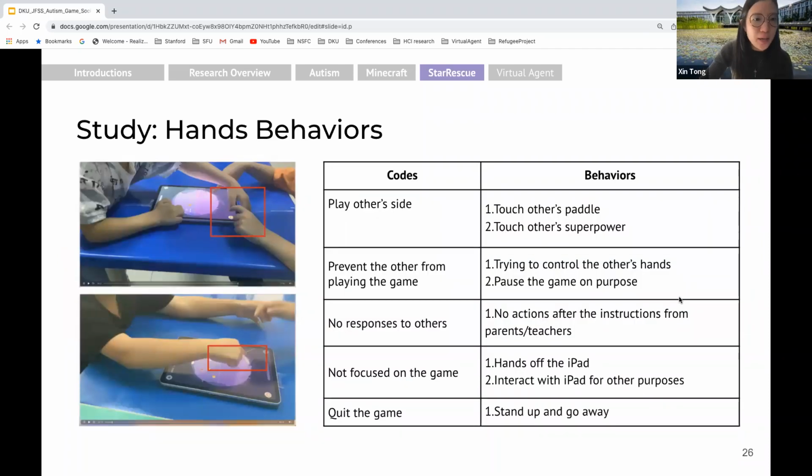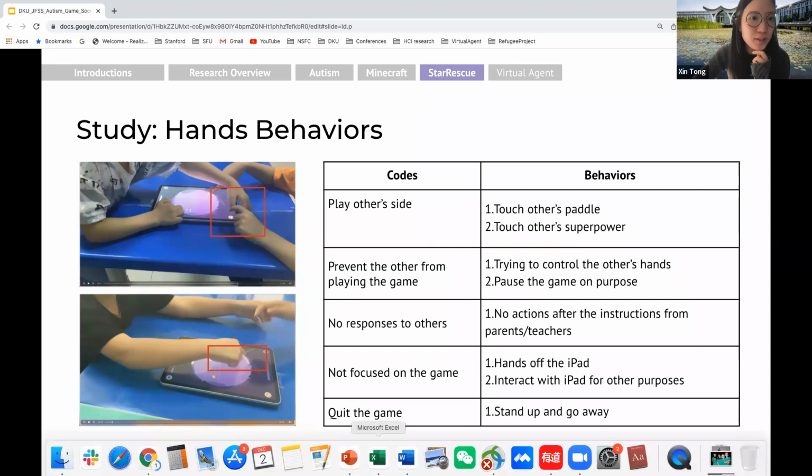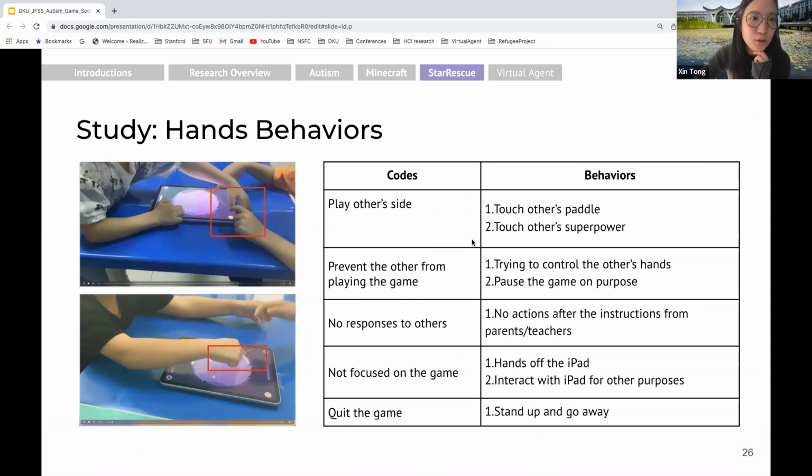Okay, so we observed different hand behaviors and coded them into different categories. This is a more quantified approach to evaluate how effectively they collaborated. The primary source here is their hand behaviors, because that's where most interactions happened.